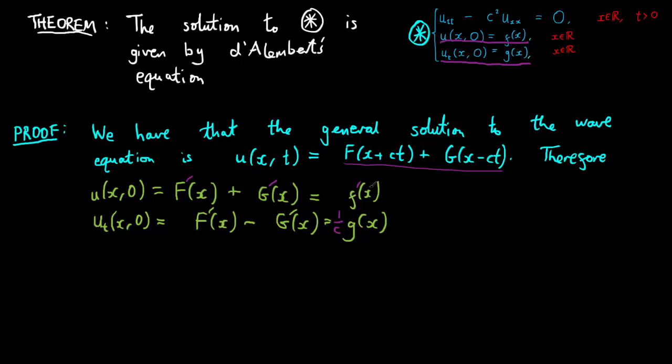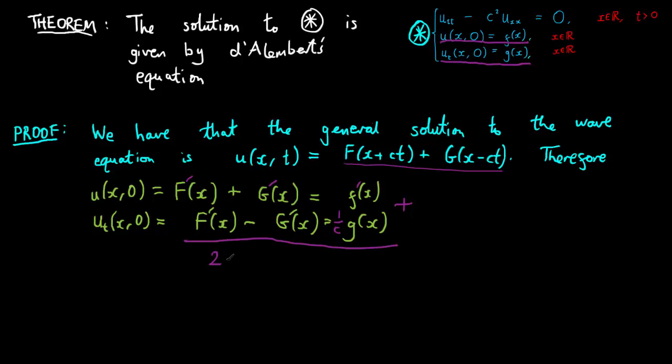So we've differentiated that top expression and we've divided the second one by c. So now we've got these two equations. What we can do is add them together and G prime of x will be eliminated.